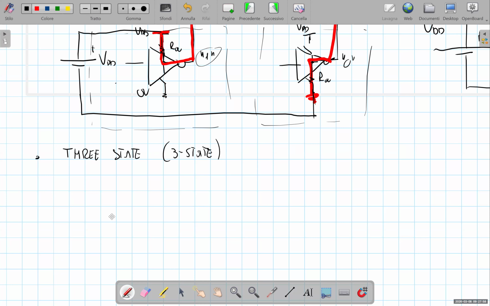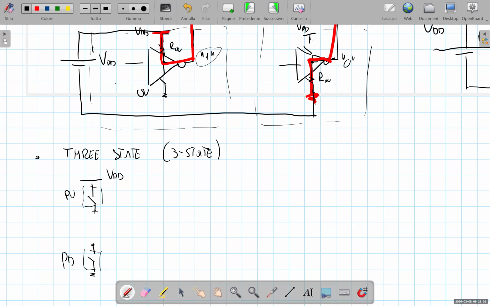In a three-state output gate, as in a totem pole gate, we have a pull-up network connecting the output to the supply, and a pull-down network potentially connecting the output to ground.